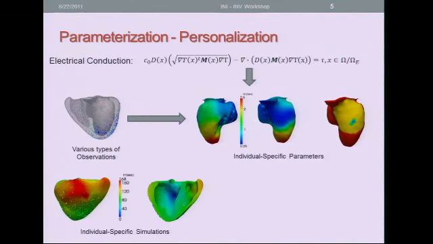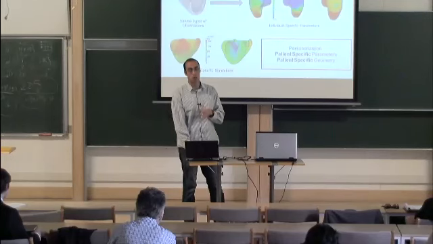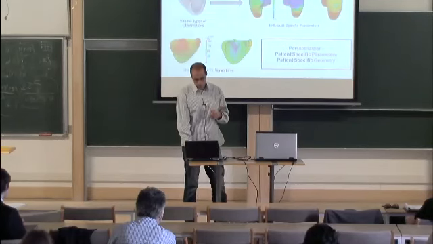Therefore, it gives us the ability to create, for example, individual specific simulations. So as I said, there are two parts in this, the patient-specific parameters and then the patient-specific geometry, which I will not talk about because we've already discussed this up to now.